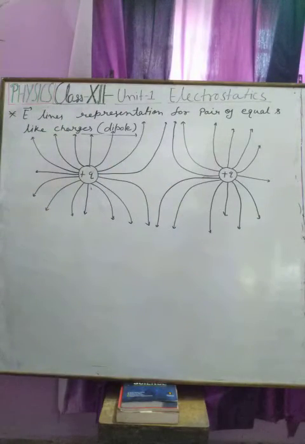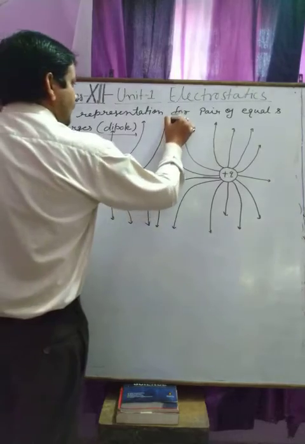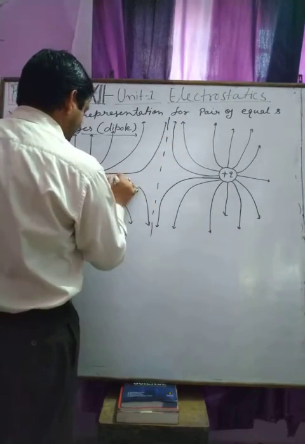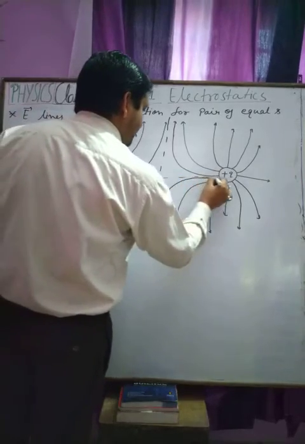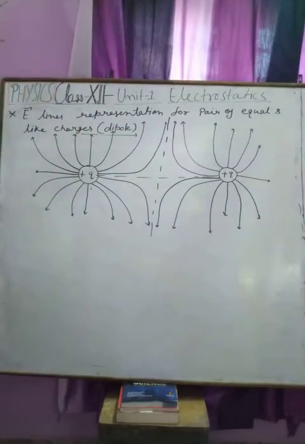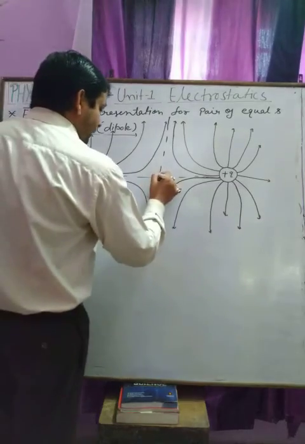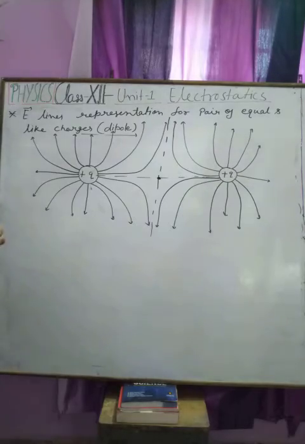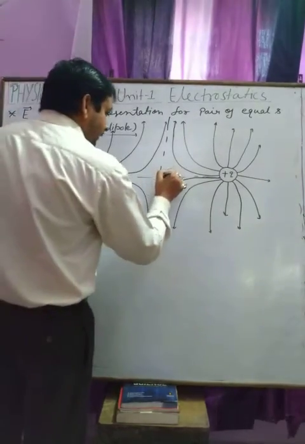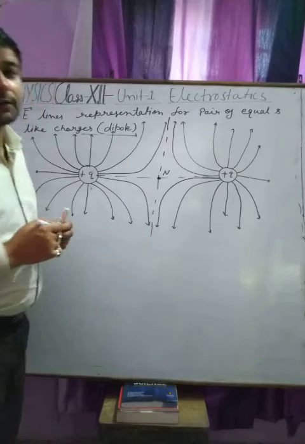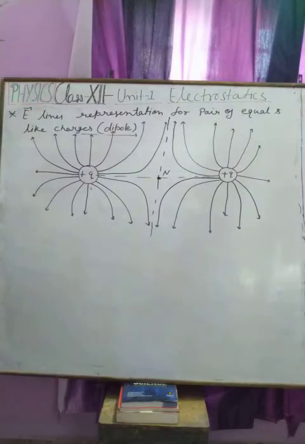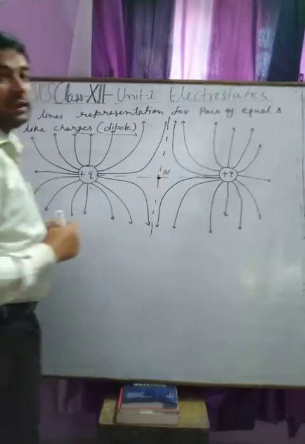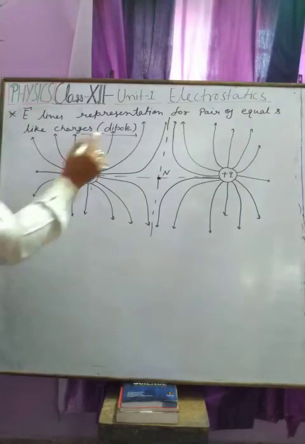Here, student, we observe that at the center or middle of the two charges there are no field lines of force, so we say that this point between the two like charges is a neutral point where no electric field exists. And we also find that the lines do not cross each other, so we can write about it.